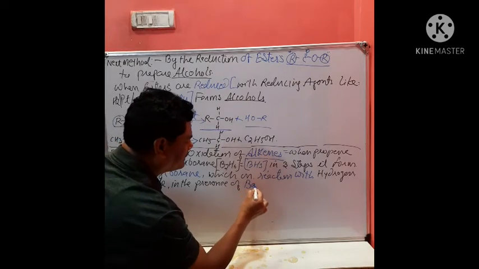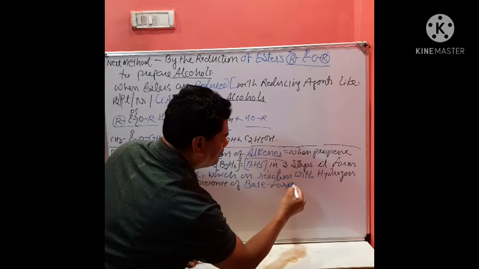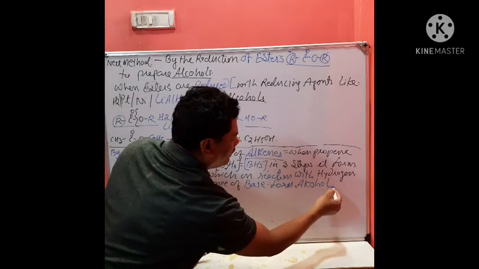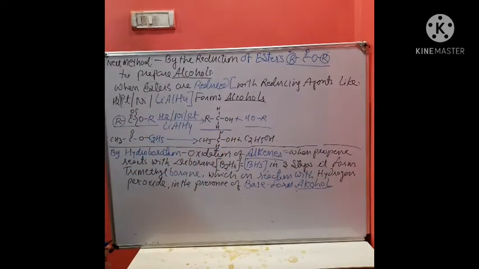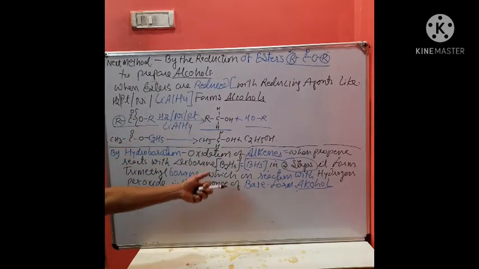This is a base catalyzed reaction. It forms the final product. What is the final product? Alcohols. So student, first I will explain the 3 steps, and then in the 4th step we will get the final product.